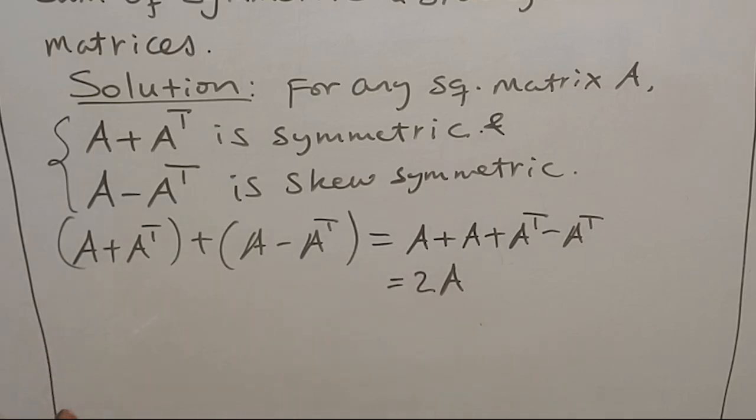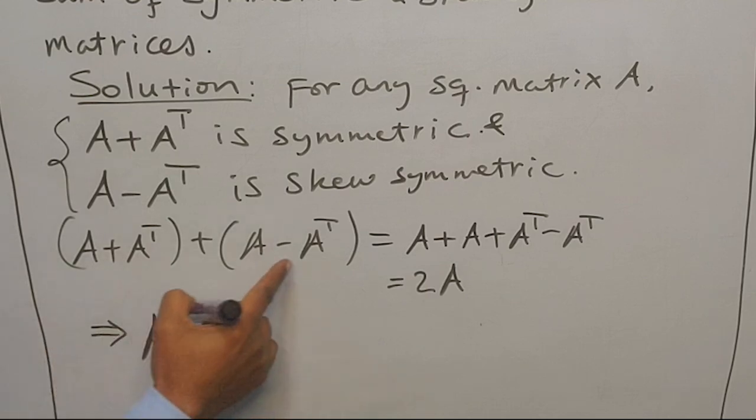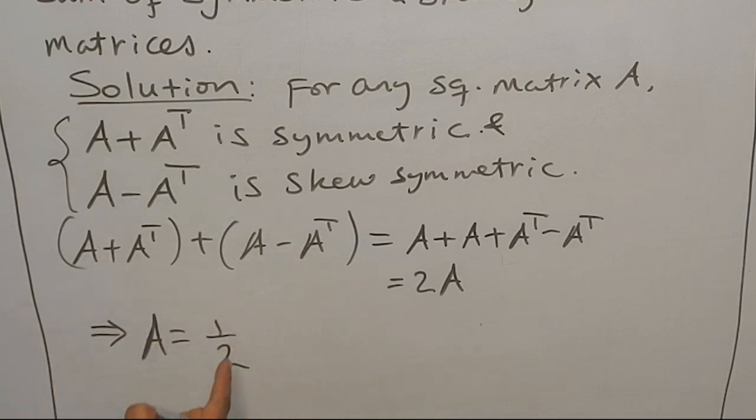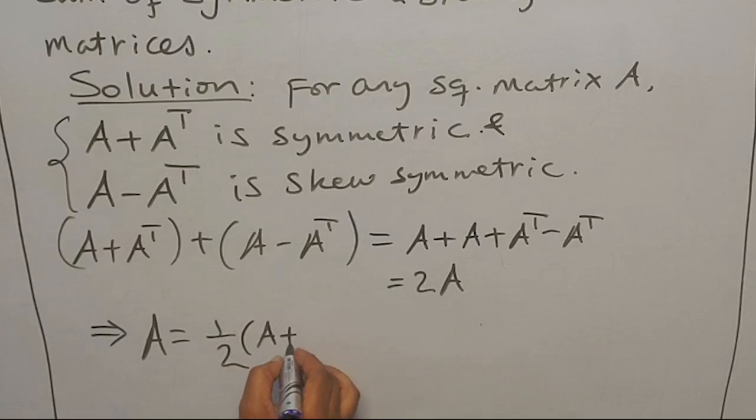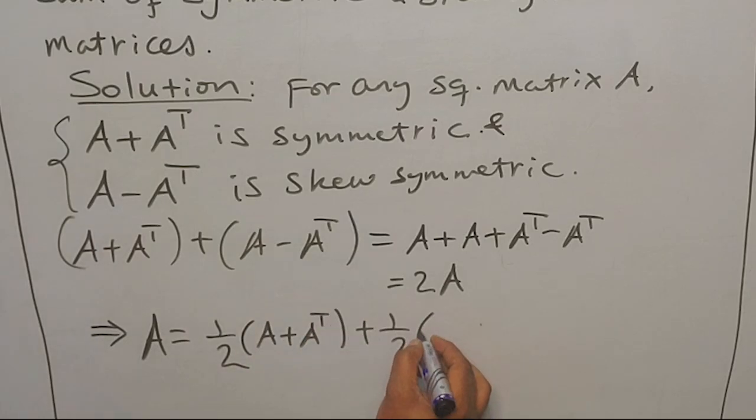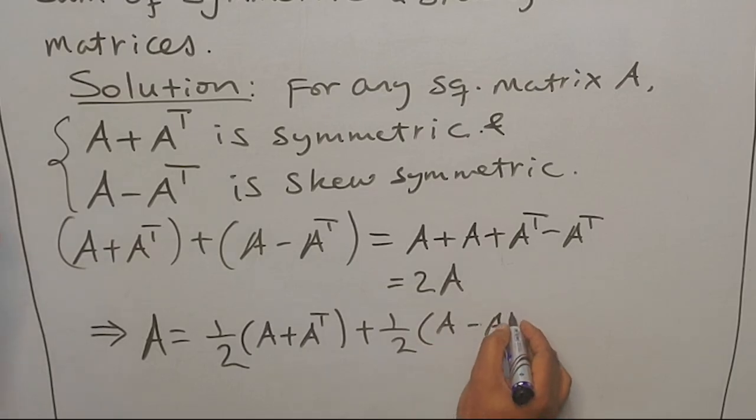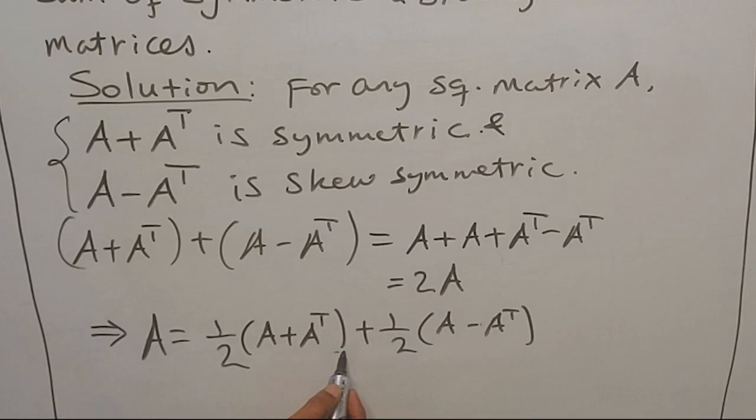This implies matrix A is, dividing both sides by 2, half of A plus A transpose, plus half of A minus A transpose. This is symmetric, since any scalar multiple is symmetric. This is skew symmetric, since any scalar multiple is skew symmetric.